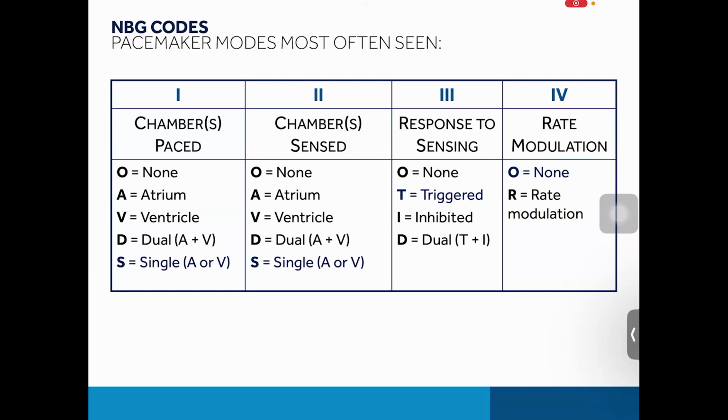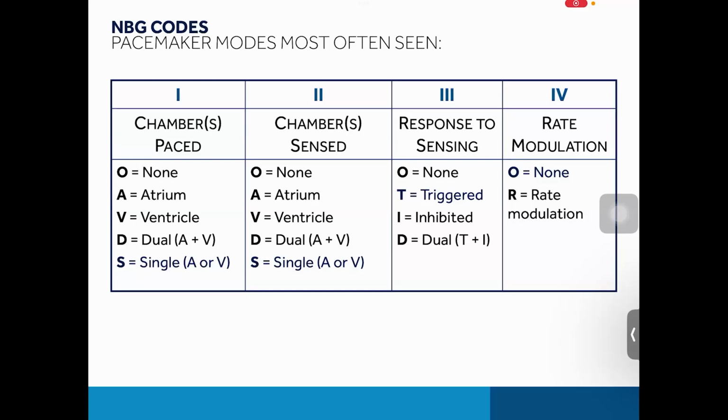The first letter refers to the chamber paced. The second letter again refers to the chamber sensed. The third letter refers to the response of the pacemaker to a sensed event. And the fourth letter refers to rate modulation.